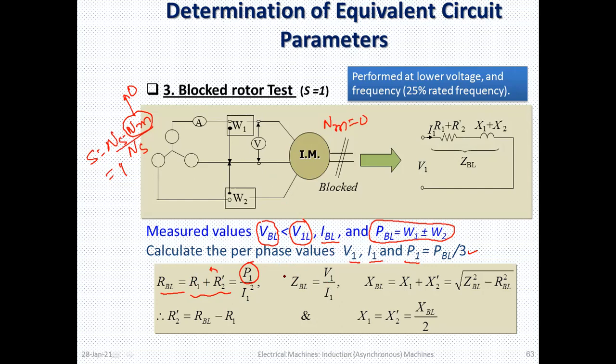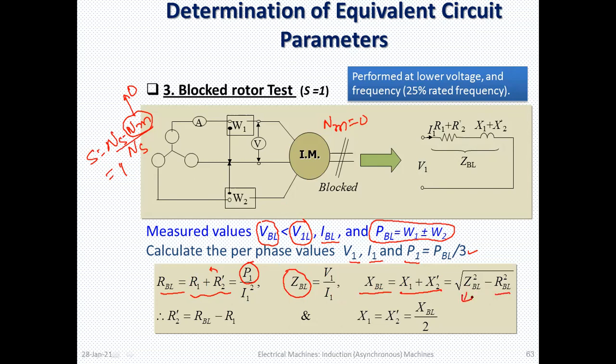So we can find ZBL, the blocked rotor impedance, as V1 by I1, and similarly XBL, the blocked rotor reactance, is X1 plus X2 dash. X2 dash is the rotor reactance referred to the stator side, and XBL is found from the relation square root of ZBL squared minus RBL squared.